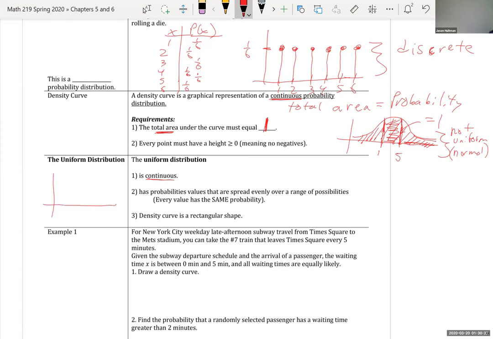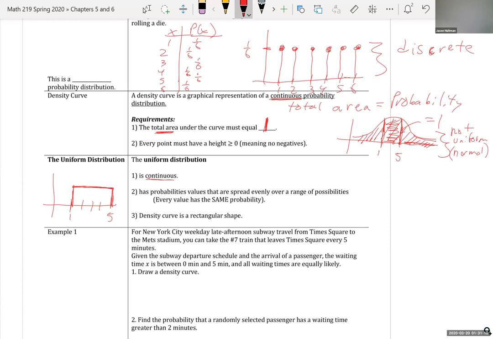Say that we go from 1 to 5: 1, 2, 3, 4, 5. It's basically a rectangle. That is the uniform distribution. All probabilities are equally valid, and it's the area between two values that forms the probability.